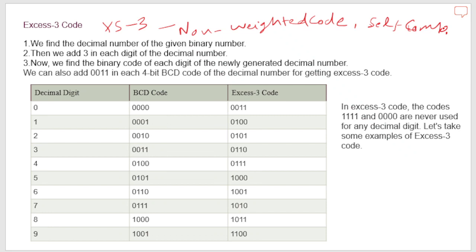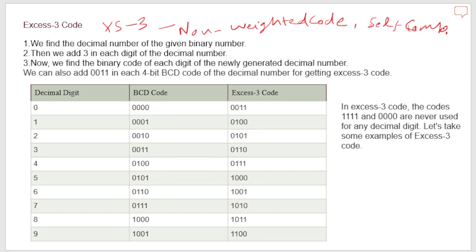The excess-3 code uses a special type of algorithm which differs from the binary positional number system or a normal non-biased BCD. We can easily get the excess-3 code of a decimal number by simply adding 3 to each decimal digit, and then we write the 4-bit binary number for each digit of the decimal number.